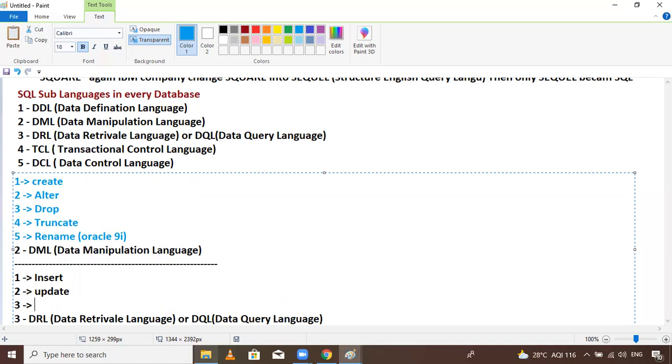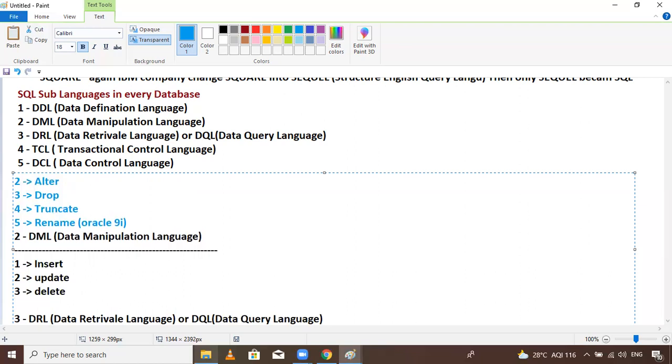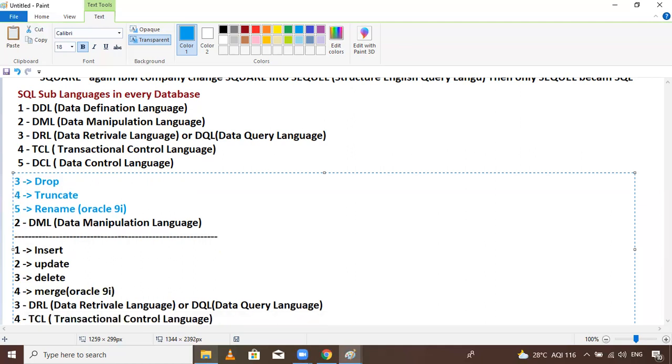I will discuss more and more about these queries, create and drop, one by one. And the fourth one is new, merge. It was introduced in Oracle 9.